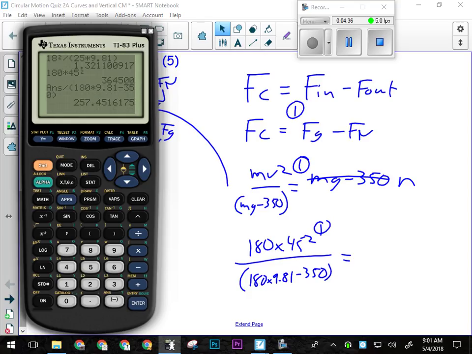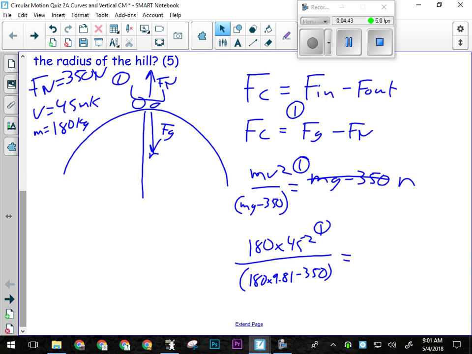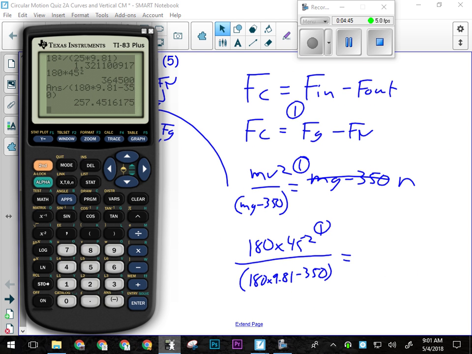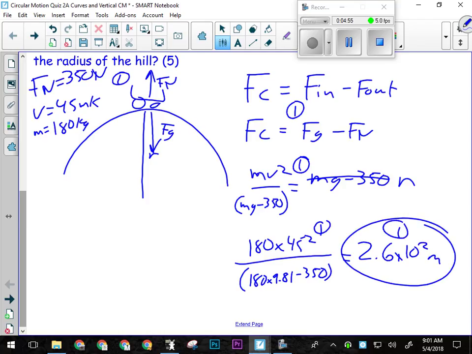So the radius of the hill is, and we only have what here for sig figs? 2. So we would have 2.6 times 10 to the 2 meters. Fifth and final mark. All right, so it's out of 9. Give them a mark out of 9, let them see it, and then I'd like them in a nice neat pile right here.